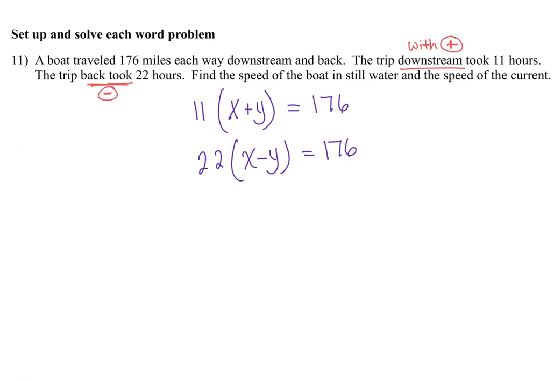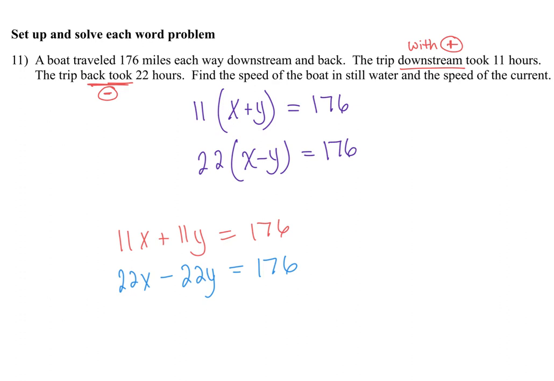176. So what's nice about this is I can distribute, or I could go ahead and divide, but I can distribute that 11x plus 11y equals 176. I can distribute that: 22x minus 22y equals 176.